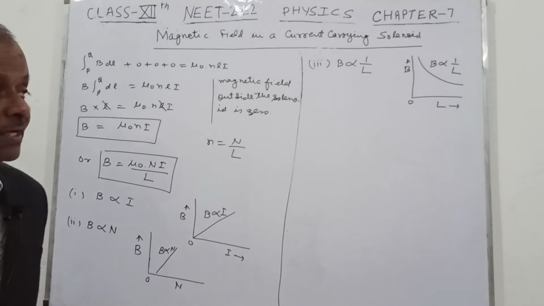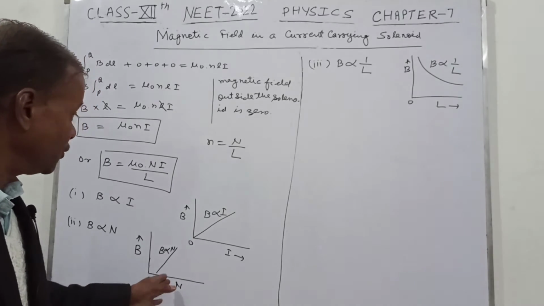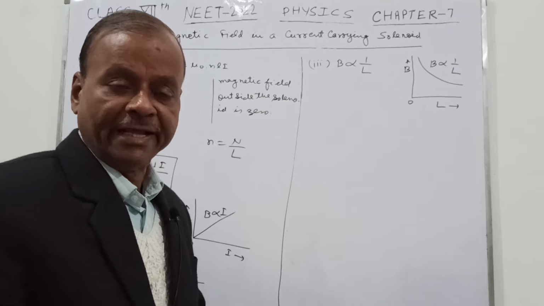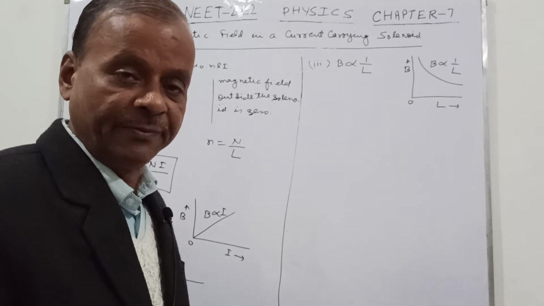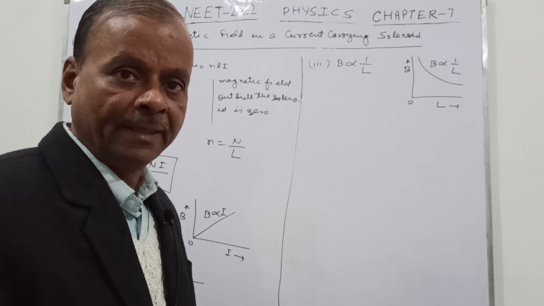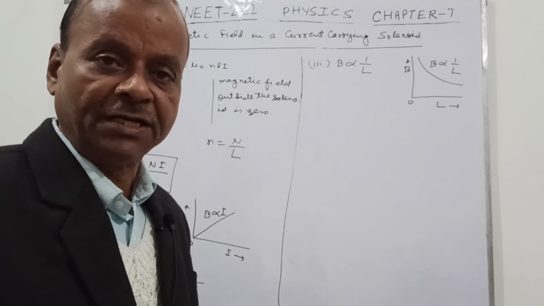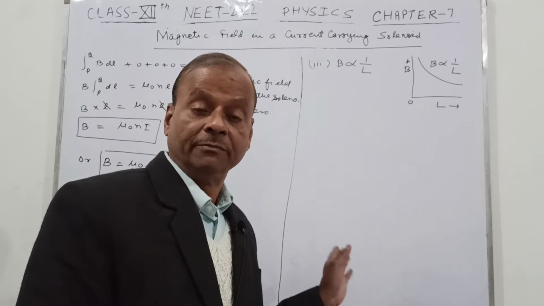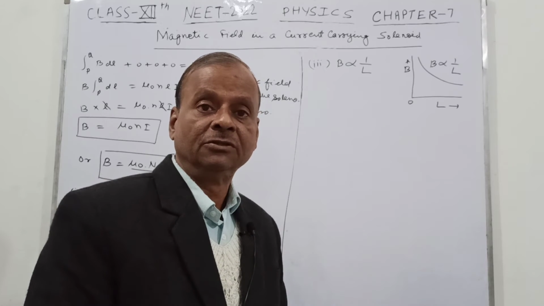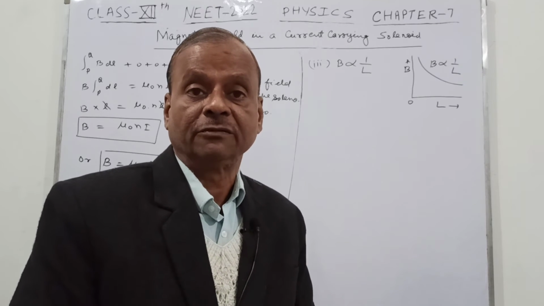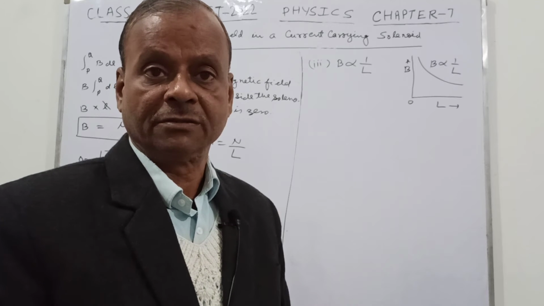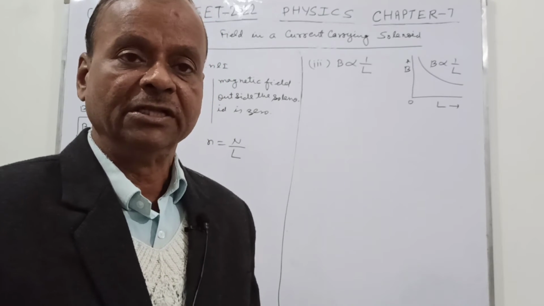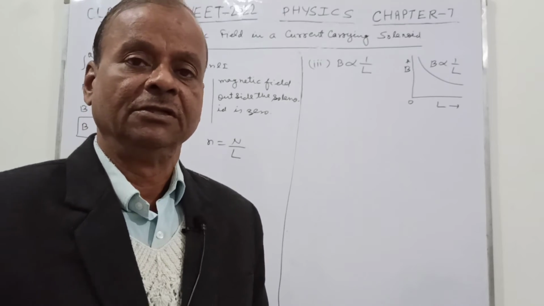So for maximum field inside this, you can see from here that if the number of turns is not increased, but the length of the solenoid is increased, then magnetic field will decrease. And if the length is decreased and the number of turns is kept the same, then this magnetic field will increase. So by changing the number of turns, providing the length is the same, the magnetic field can be increased.